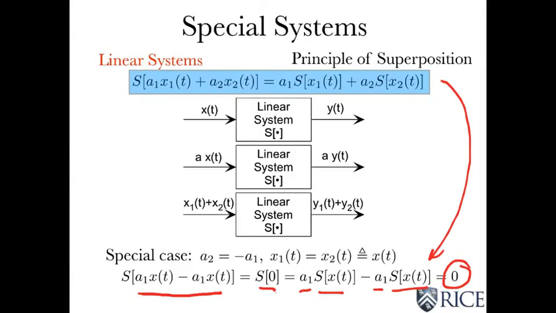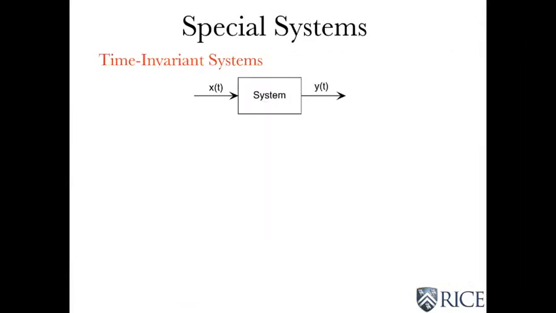The real test of whether something is linear or not goes back to the original definition. And by the way, in detail, this principle of superposition has to apply for all signals x1 and x2 and all constants A1 and A2. So it's a pretty demanding requirement, but when you have a linear system, it's very, very nice.